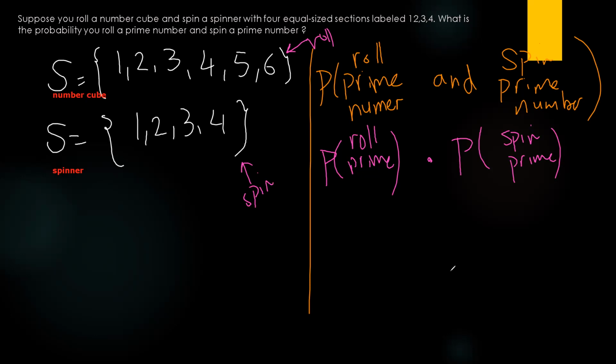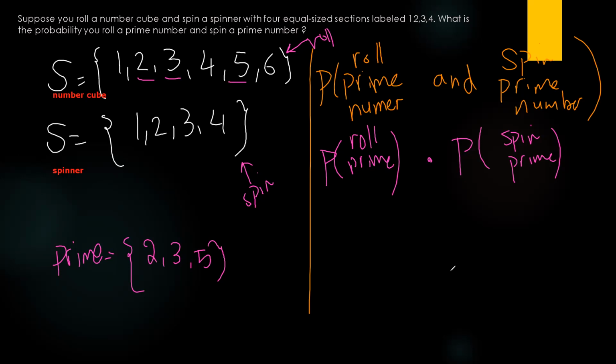Let's remember, the prime numbers are 2, 3, and 5, the numbers that don't divide by any other number except themselves. And be careful, number 1 is not a prime number.